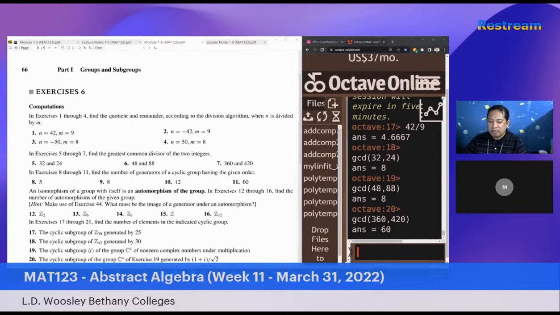So can you enumerate those relatively prime numbers under C8? All right.